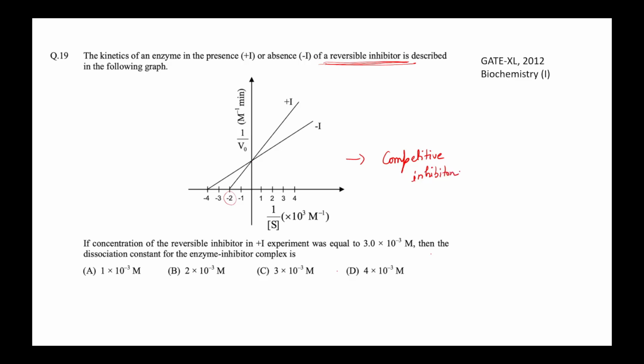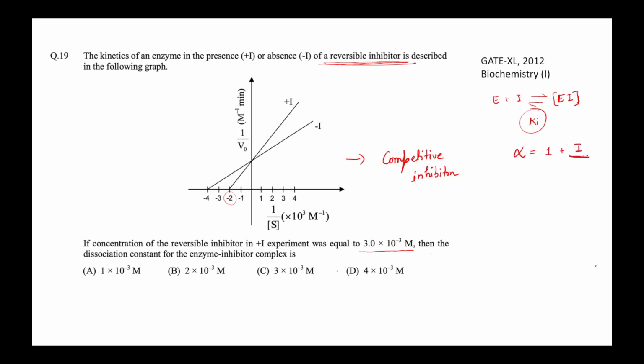Okay, so the question asks: if the concentration of reversible inhibitor in the plus I experiment was equal to 3 into 10 to the power minus 3 molar, then what is the dissociation constant for the enzyme-inhibitor complex? When enzyme and inhibitor bind, the dissociation constant is calculated for this particular reaction.